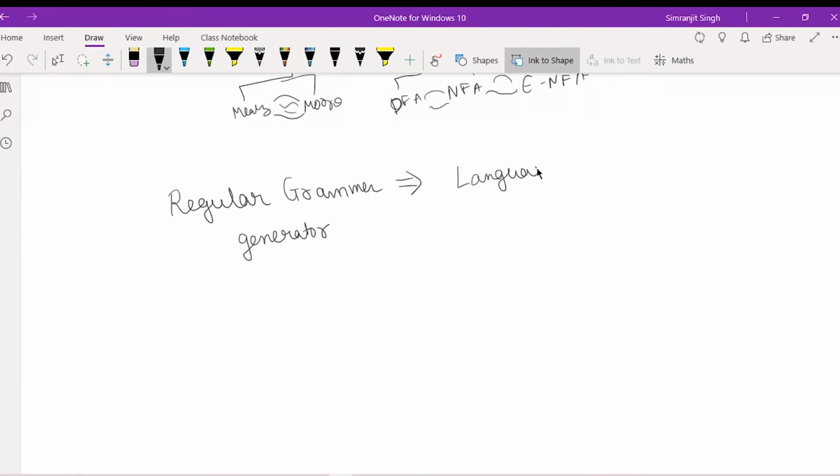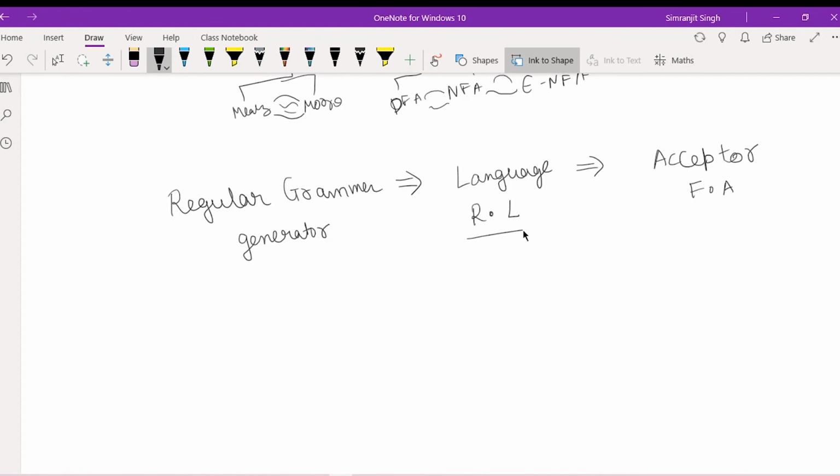So this is your language. The work of the generator is to generate a language, and the language is accepted by a particular acceptor. The acceptor is your finite automata. In this case, finite automata is the acceptor, and the language we are talking about is the regular language. There are three things: first, the generator, which just generates the language, and the language is accepted by the acceptor.